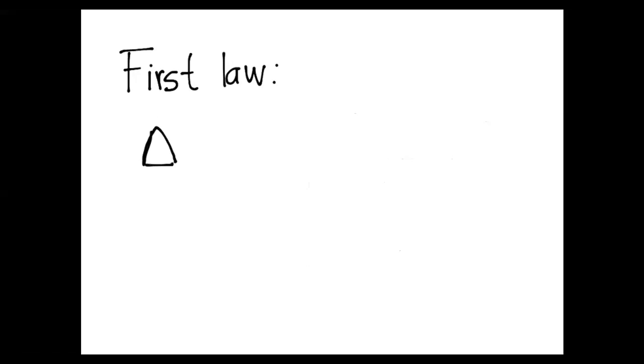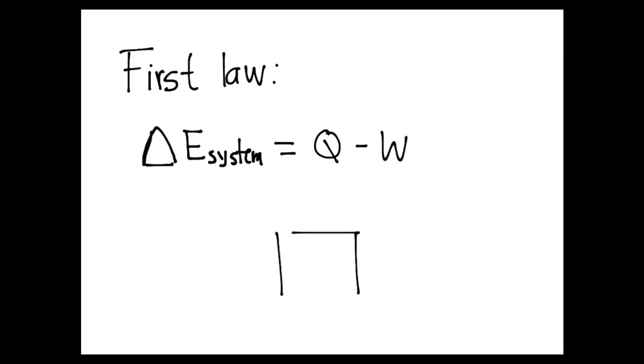And then we can write the first law as a change in the energy of the system given as heat minus work. And let's remember the sign convention, because it is very important to understand that the heat that is going into the system is positive.